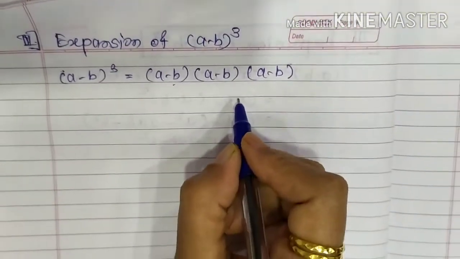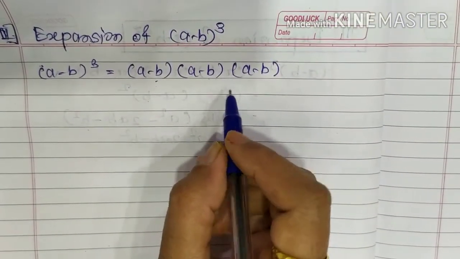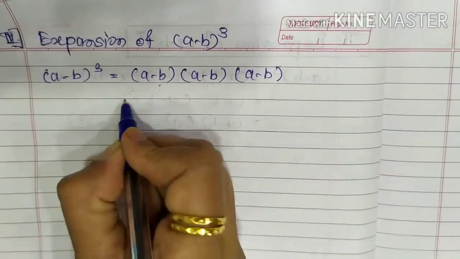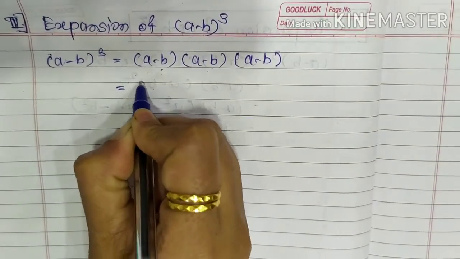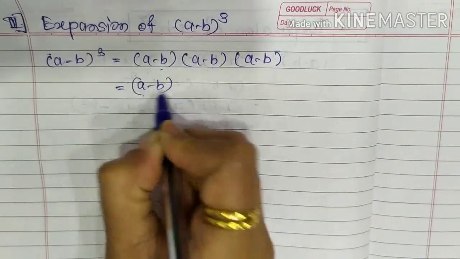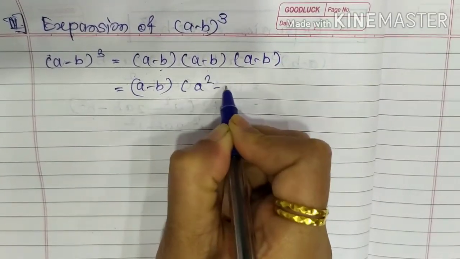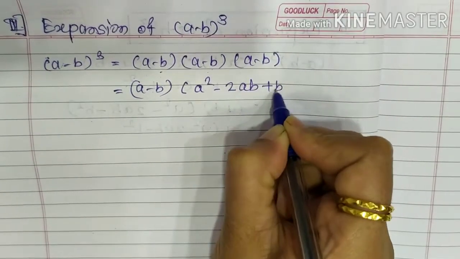We are familiar with the formula of (a minus b) into (a minus b). Hence we can write it like this: (a minus b) in bracket (a square minus 2ab plus b square).